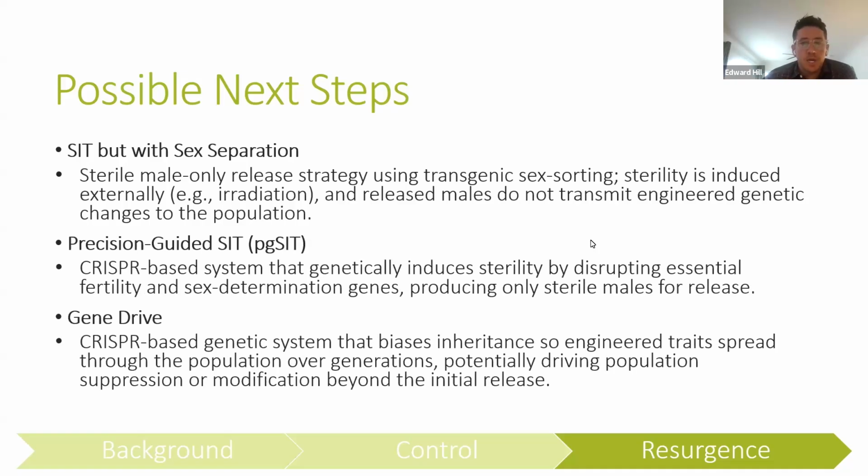I won't cover this right now, but the other two technologies being investigated to fight this are precision-guided sterile insect technique and gene drives. These are technologies that don't require radiation to sterilize.